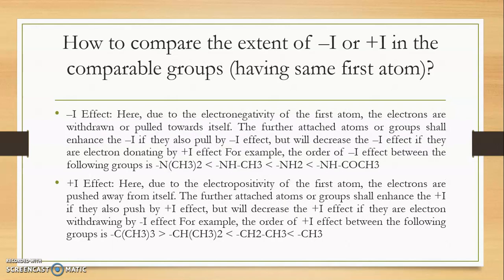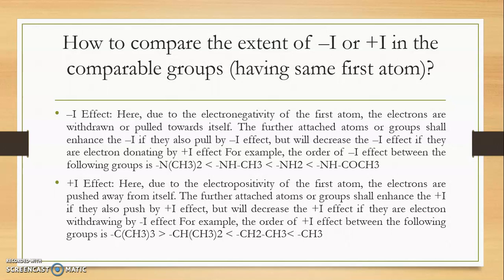How to compare the extent of minus I effect or plus I effect in comparable groups? Minus I effect: due to electronegativity of the first atom, electrons are withdrawn or pulled towards itself. The order of minus I effect between the following groups: NCH3 twice, NHCH3, NH2, NHCOCH3.